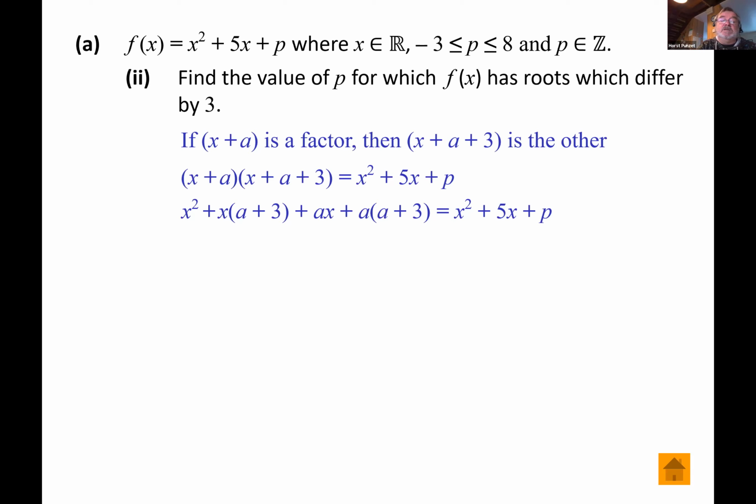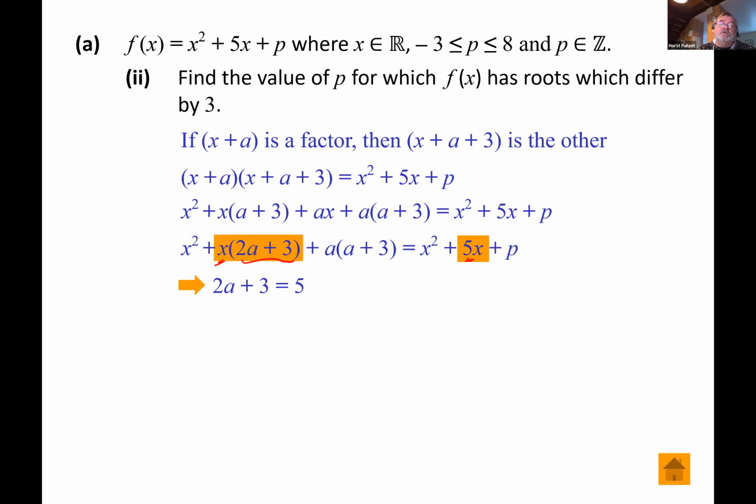You could do just as easily, but I think it's actually better to leave them in a factorized form, because what it means is we've got the x terms, we know all of the x terms are (2a + 3)x, and we know that that has to equal 5. All right, so there's one equation.